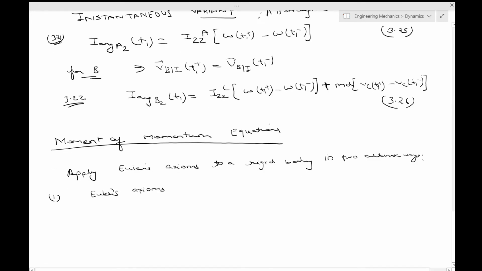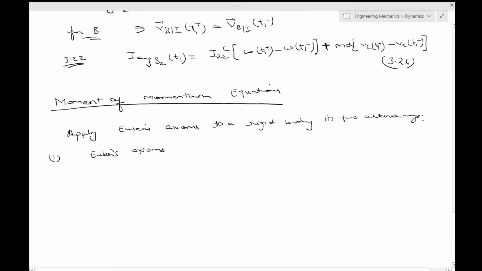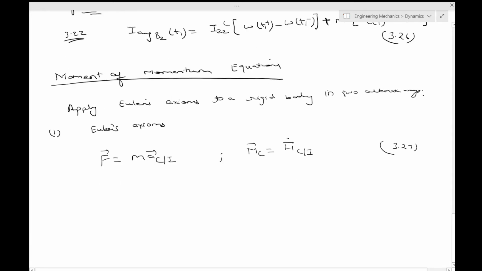So what do they give? They give us F is equal to MACI and MC is equal to H dot C in I. This is 3.27. We have already seen, known and understood it.